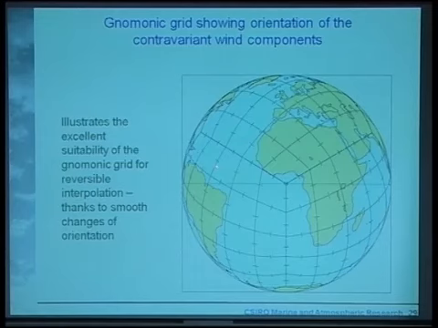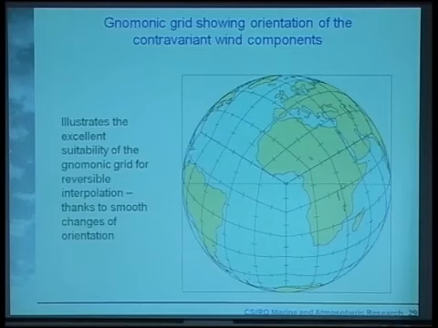But luckily, if you follow these little directions around here, since they're normal to these grid lines, they actually vary nice and smoothly because these lines are all parallel to one another. So we can use our reversible interpolation to go from the contravariant components at the centre of the cells to the values on the edges. So that's a piece of good luck.